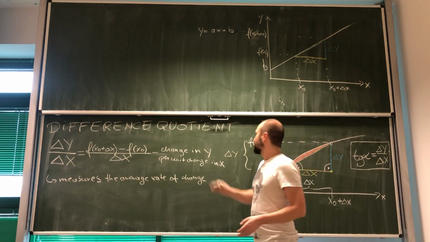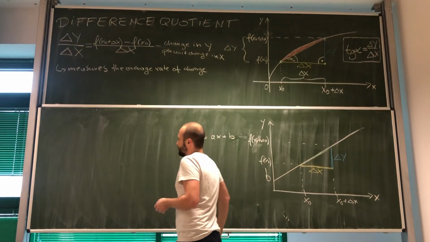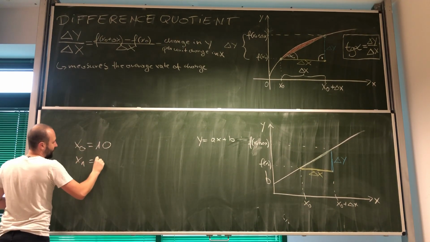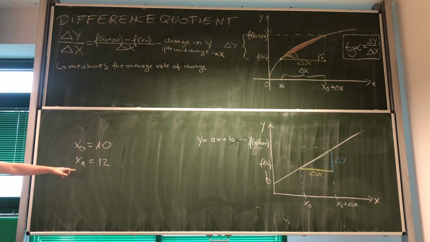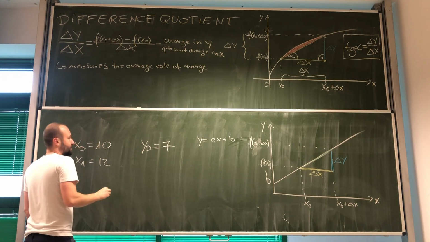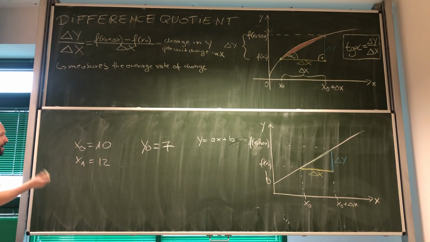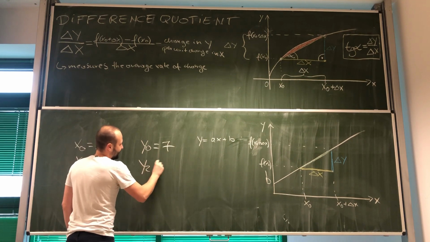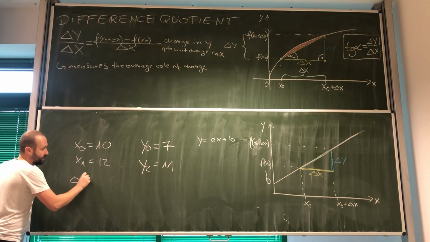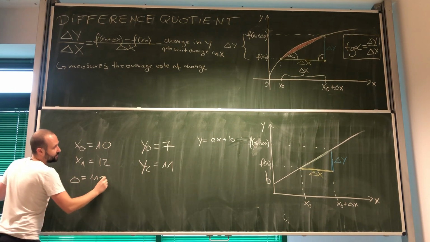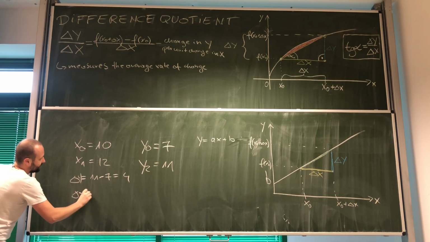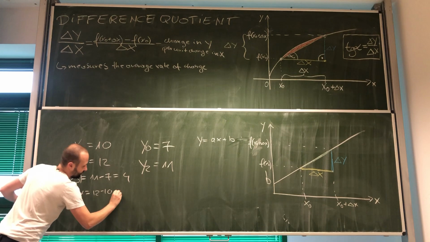Then y at the beginning, so if x0 is 10, then x1 is 12, we see that x changed by 2 units. If y0 was 7 and y1 is 11, what do we see? Look, the delta y is equal to 11 minus 7, which is 4. Delta x is 12 minus 10, which is 2.